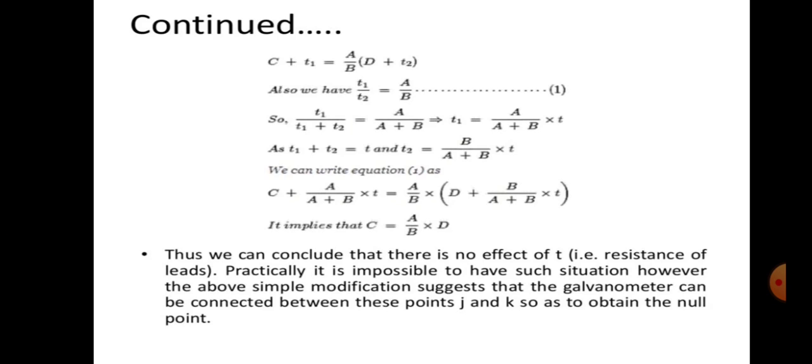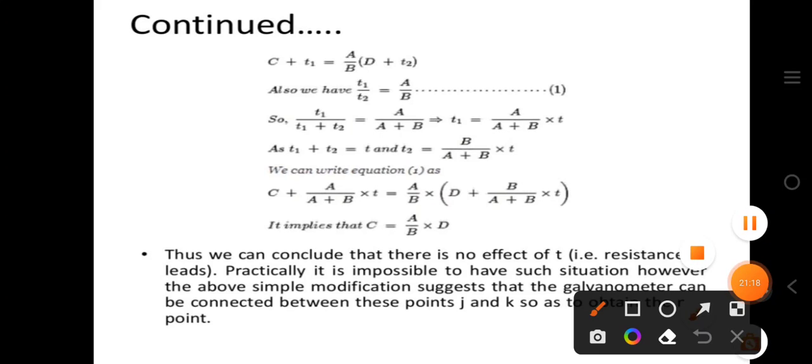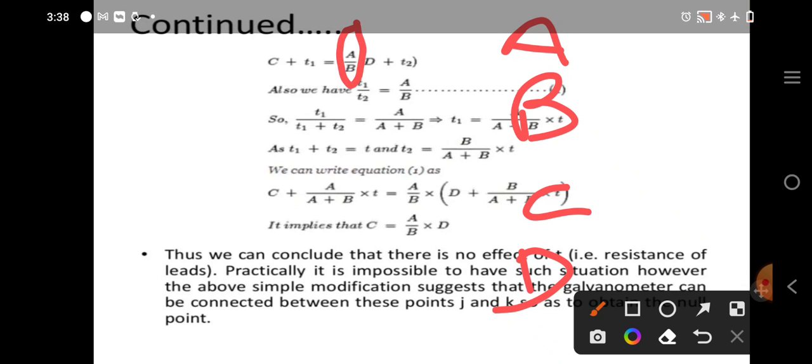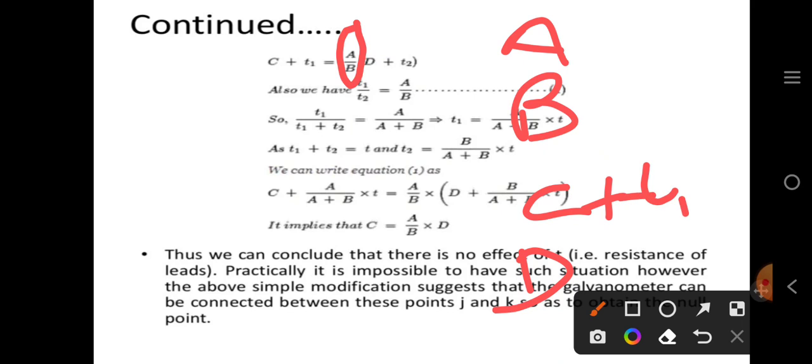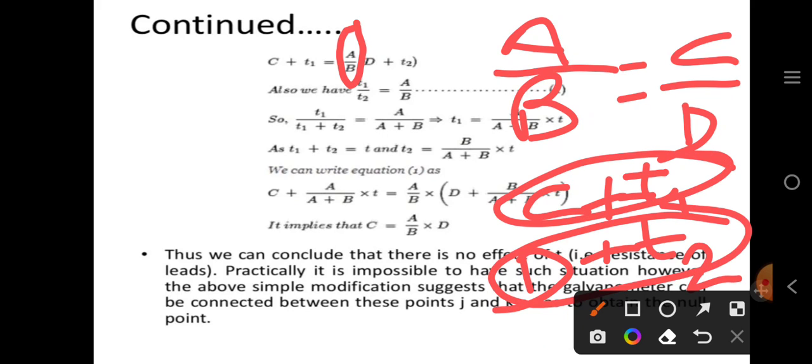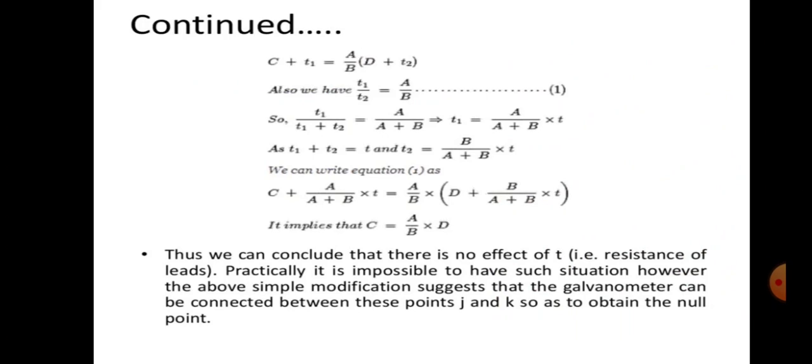Also we have T1 upon T2 is equal to A upon B. So here you can see there are four resistances A, B, C and D. We have taken the ratio of A upon B, but we have added T1 in C and T2 in D. So if A upon B is equal to C upon D, after adding T1 into C and T2 into D, we get the equation C plus T1 is equal to A upon B into (D plus T2).